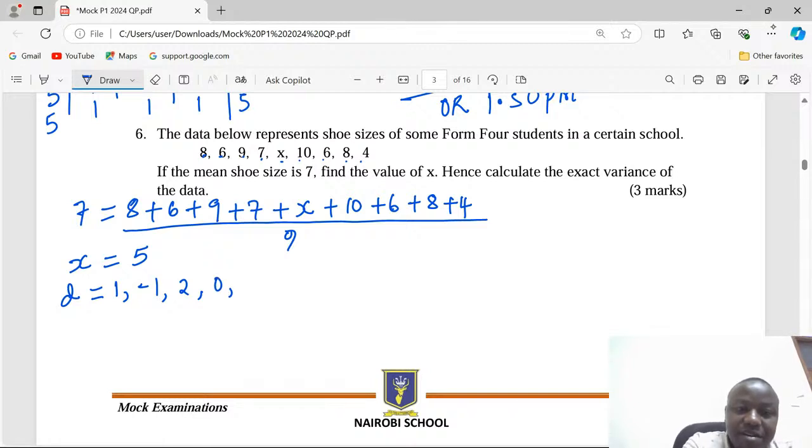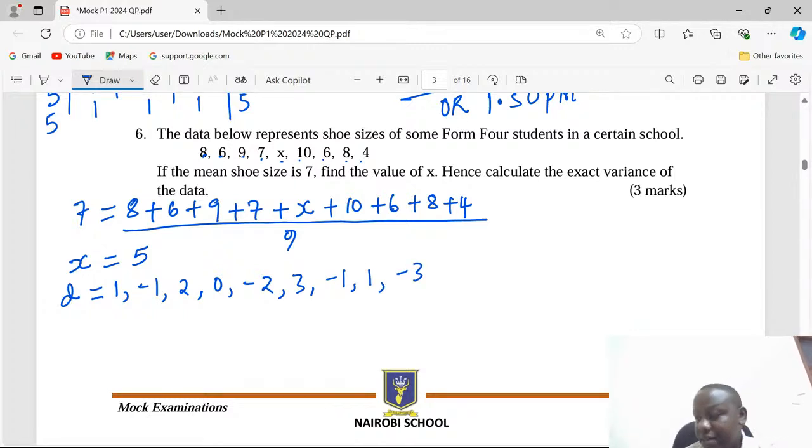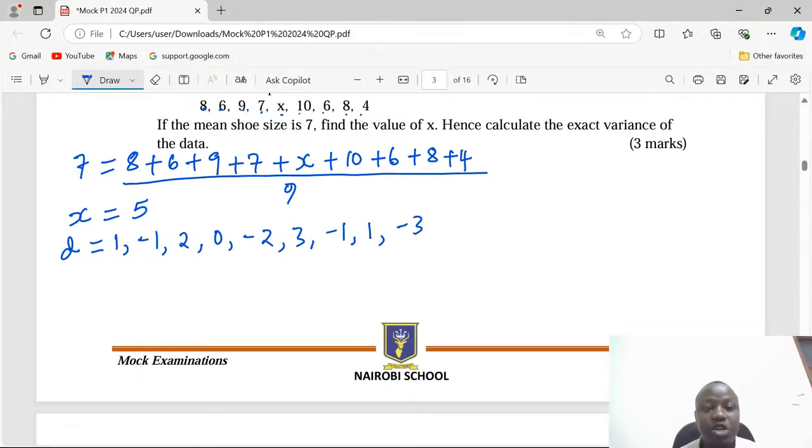X, which is 5, minus mean, -2. Then 10 minus mean giving us 3. 6 minus mean giving us -1. 8 minus mean giving us 1. 4 minus mean giving us -3. So those are the deviations of each value from the mean.